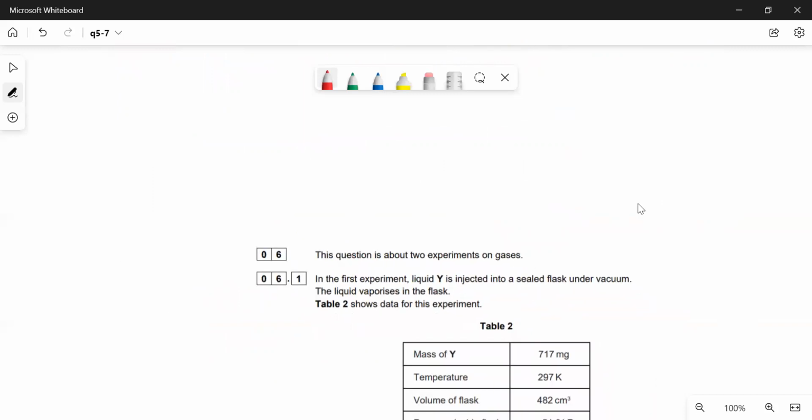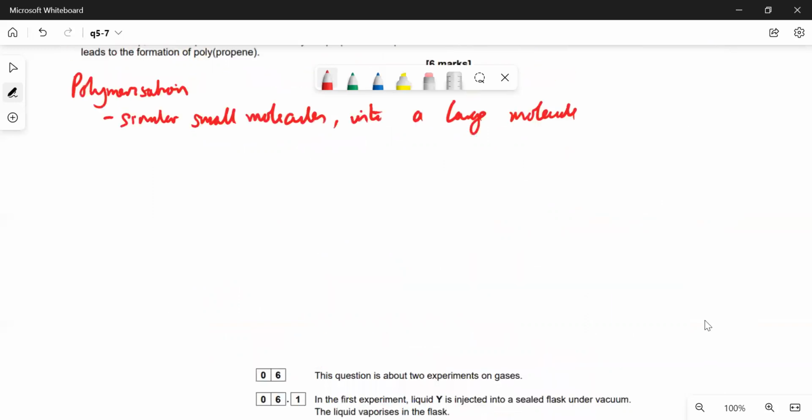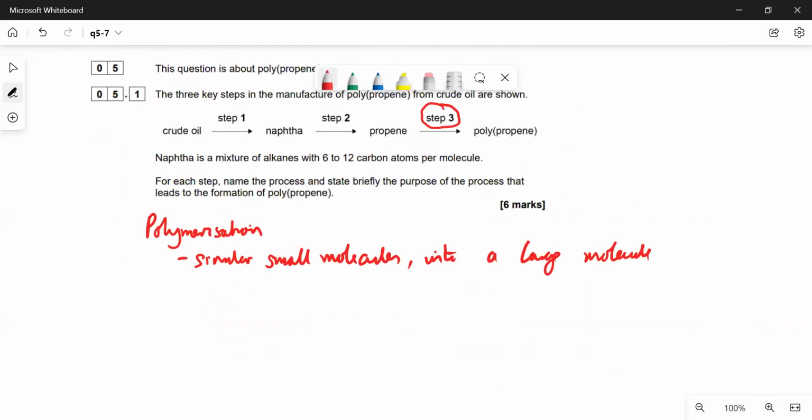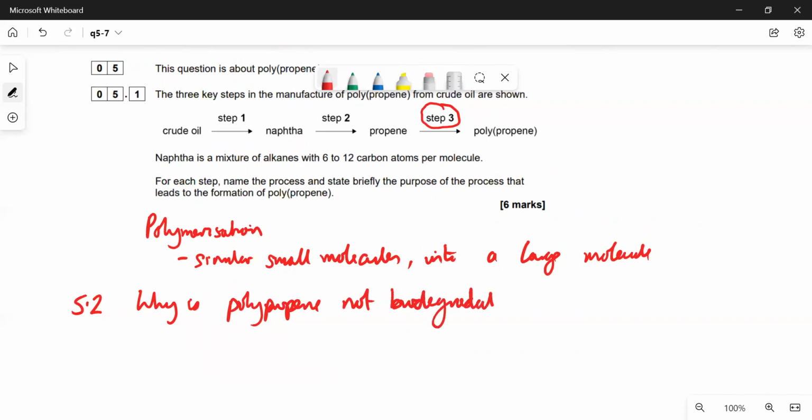Right. I think I missed a couple of questions off there. So it does say question 5.2. Why is polypropylene not biodegradable? The reason it's not biodegradable is because all you've got in the backbone is carbon-carbon bonds.